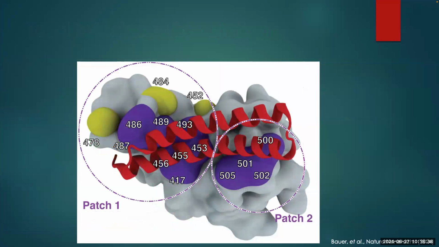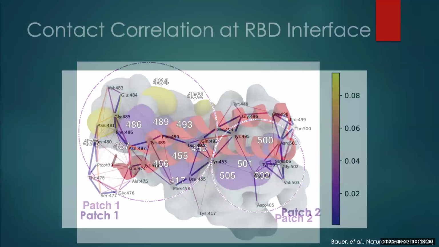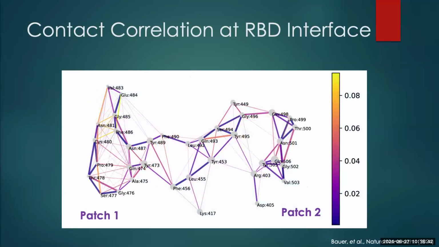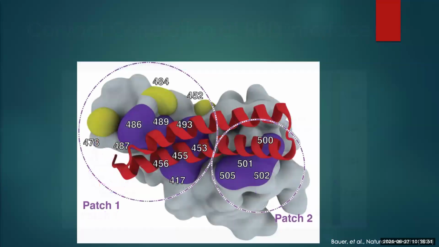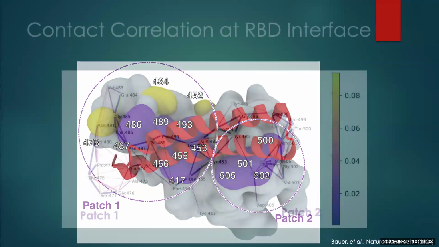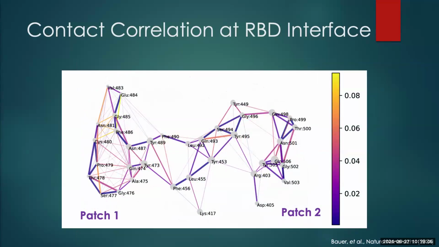But if we have a way to represent the overall interface, and this is just a 2D representation, it's a PCA transform map of this interface, which, as you know, the protein isn't flat, right? There's some topology there. But imagine you could just project that surface on a flat 2D representation. It will look something like this.